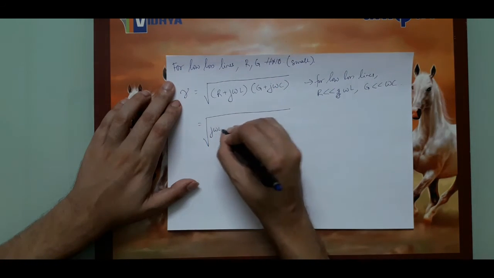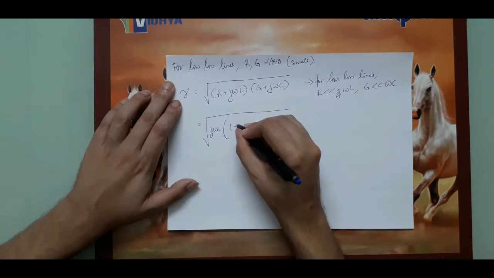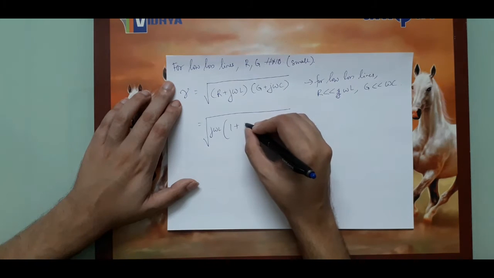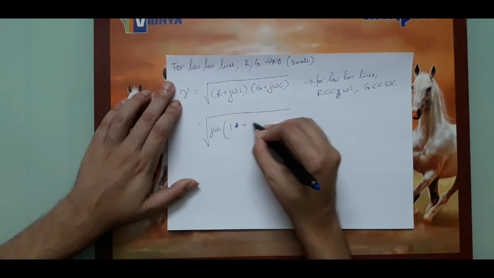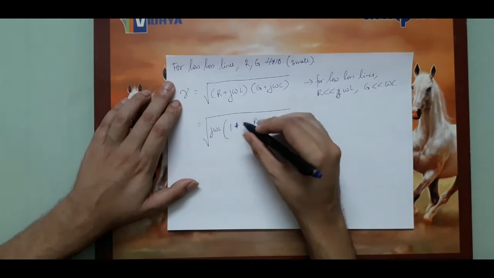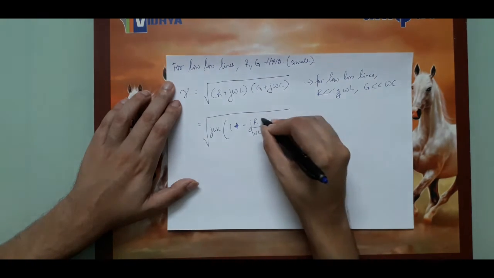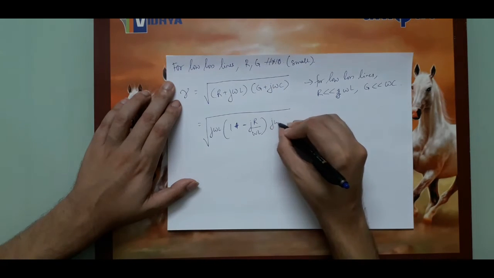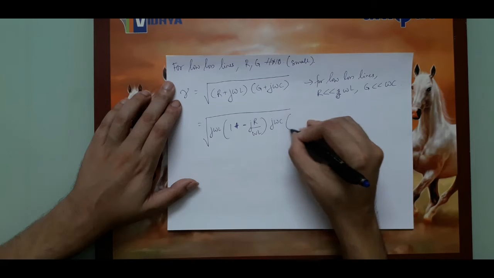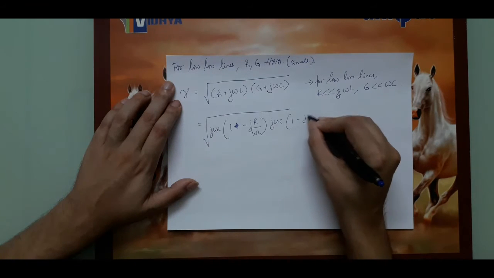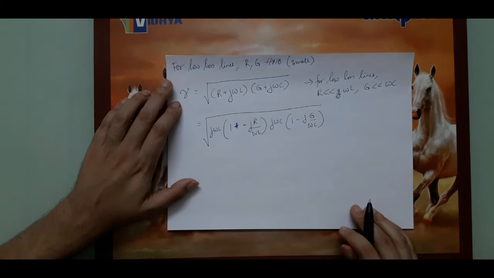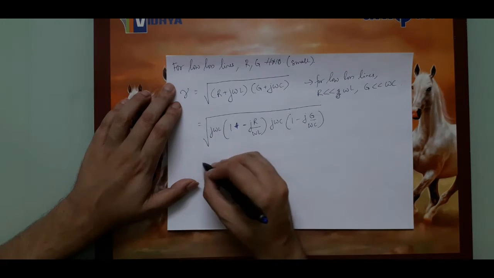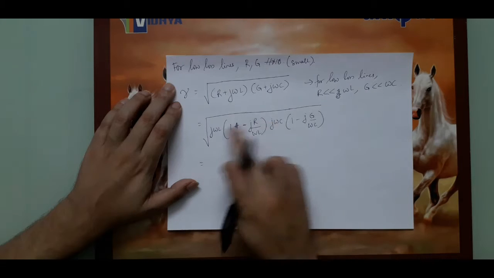So if I take j omega L common, I will get 1 minus j R by omega L. Likewise, j omega C, if I take common, I will get 1 minus j G by omega C. So I can very easily take j omega common outside the square root because I have this repeating.